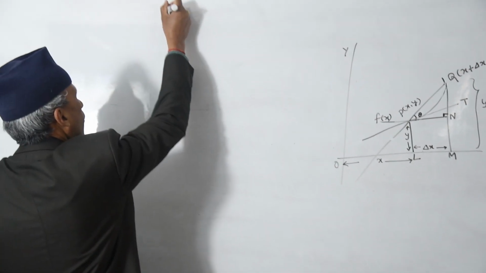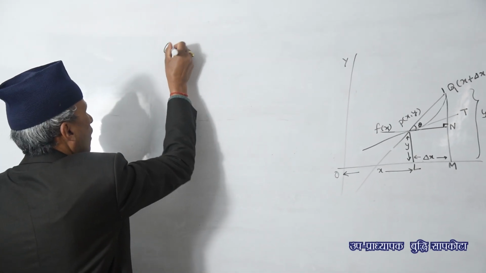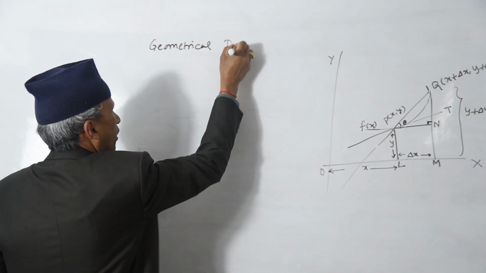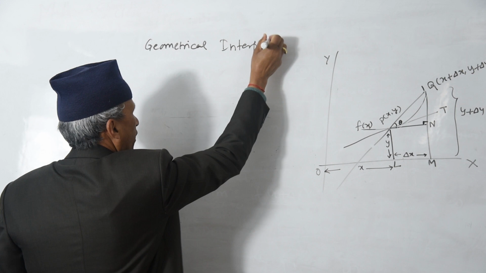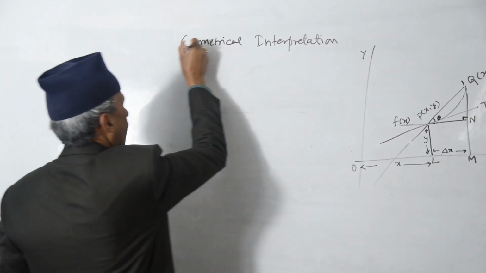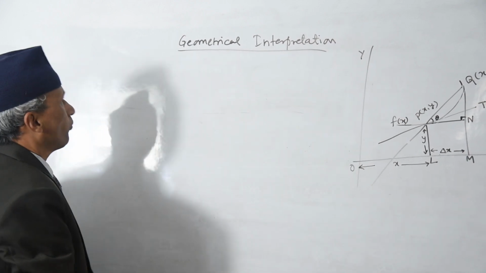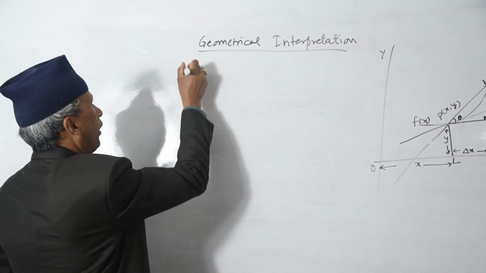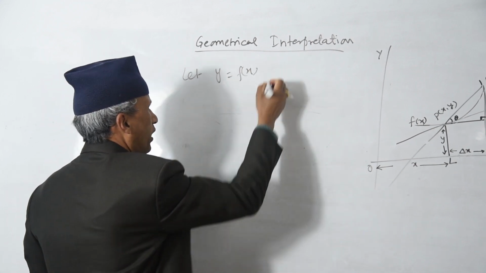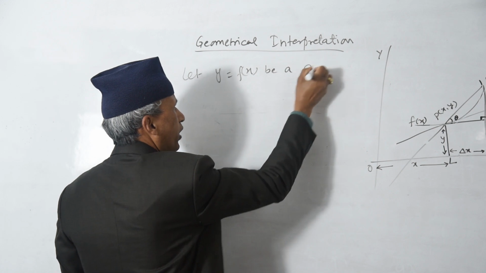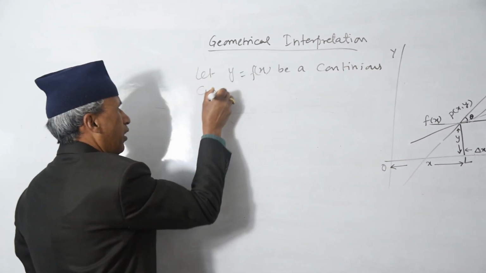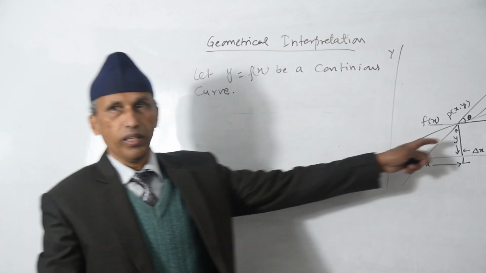Okay. Now we will be having the geometrical interpretation. Okay. Let y is equal to f(x) be a continuous curve as given in the figure.